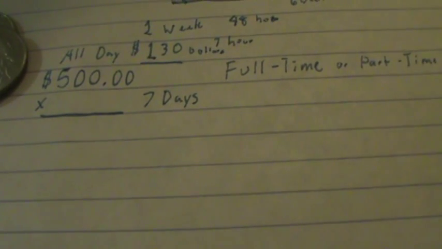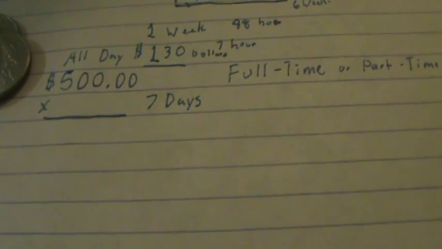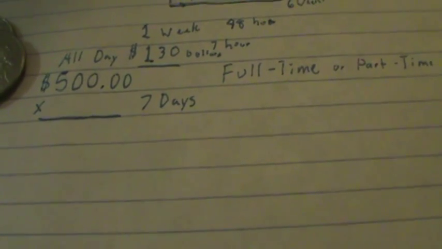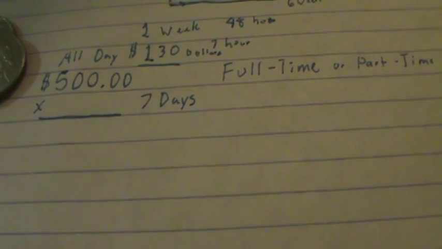If we would actually do the math and figure it out, are we making more money, or do you think we may be making more money on our future job?